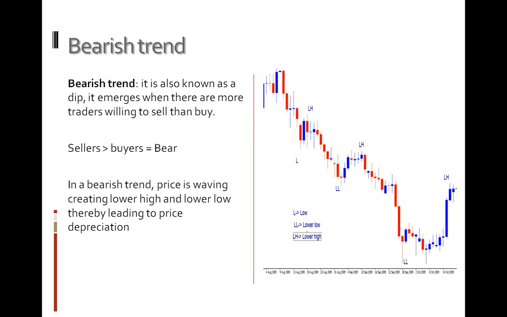In a bearish trend, price is waving, creating lower highs and lower lows, thereby leading to price depreciation. We can see from the chart how price is making a lower high, lower low, lower high. The previous lower high must be higher than the next one. That makes the trend valid.